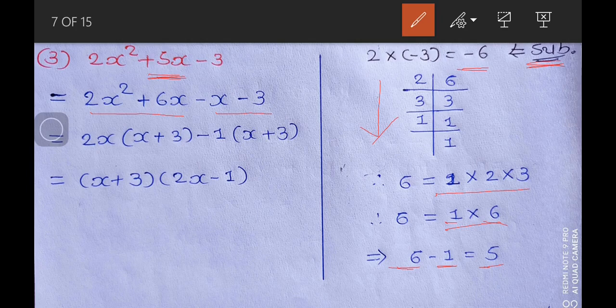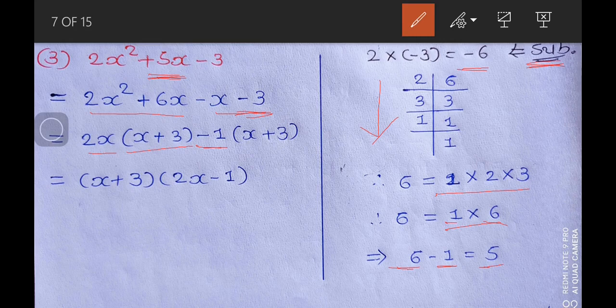Now as we take 2x as a common factor in the first group, the remaining part is x plus 3 in bracket. Now here there is a minus sign, so we put a minus, and we can't find any common factor, so we put 1. Since there is a minus sign, the signs of the terms after the minus sign will be changed.